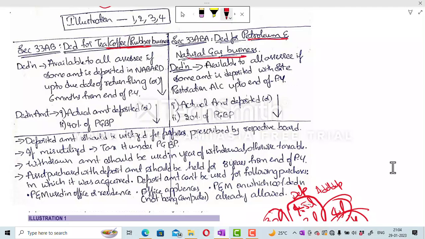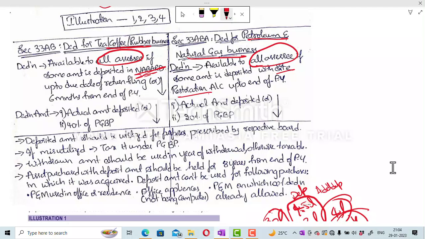First, let's see what deduction they will get. Deduction will be the amount deposited in NABARD, and here the site restoration account. See, deduction is available to all the individuals, not companies: individual, HUF, everyone. Here also everyone.